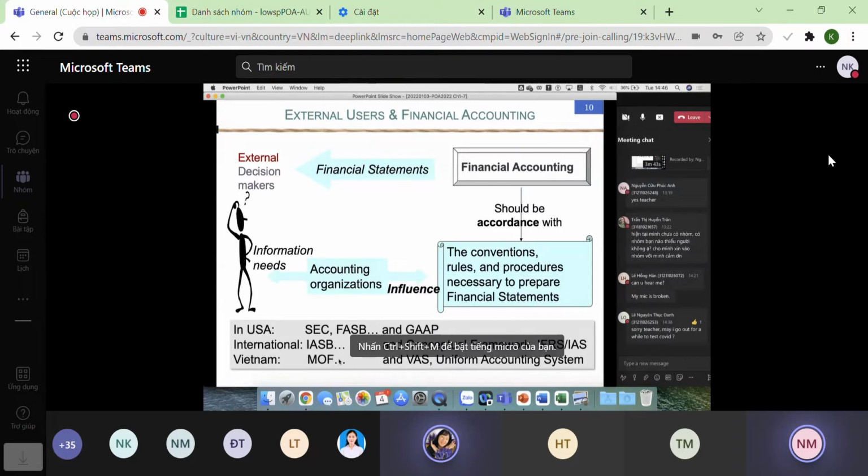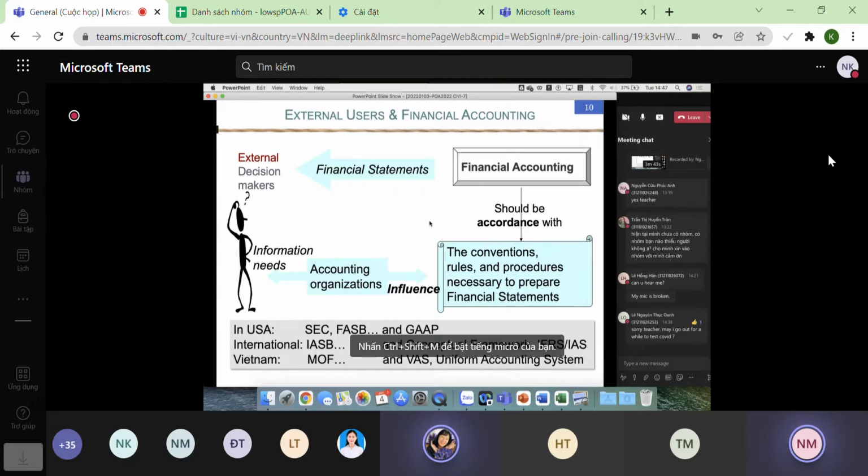The Ministry of Finance establishes the standards, VAS, meaning Vietnamese Accounting Standards, and the uniform accounting system that the financial accounting system of the company needs to follow to prepare financial statements. We'll talk about these accounting organizations later.